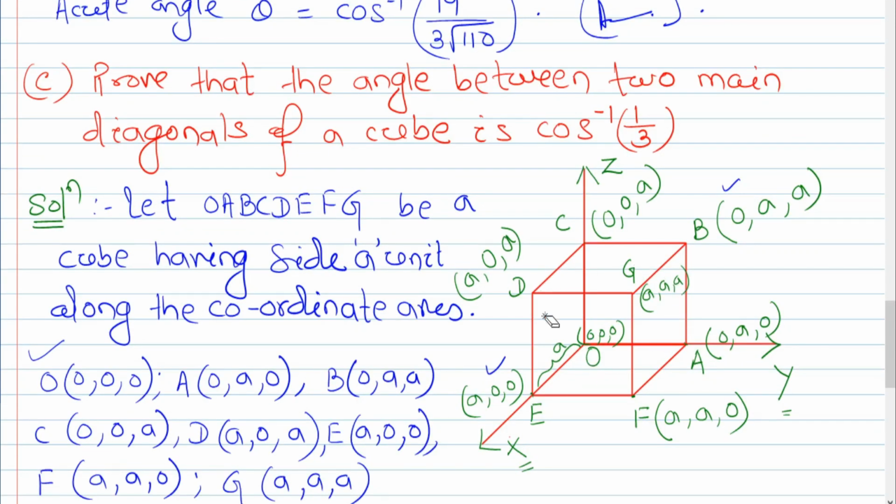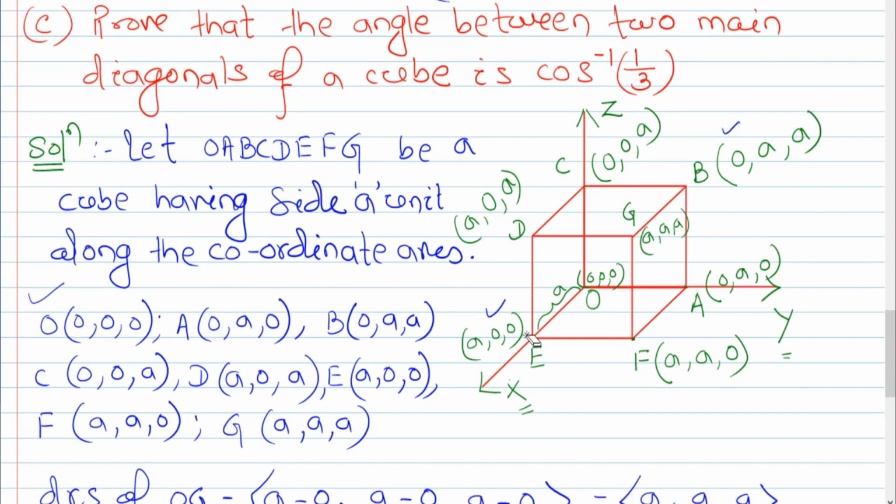Again you can recall your memory: OABC, DEFG be a cube having the side A unit length and along the x-axis, y-axis and z-axis. Then G is a vertex in space. Okay. So according to the plane and the coordinate axis, you can write the coordinates of the vertices. The coordinate of the vertex O is 0, 0, 0.